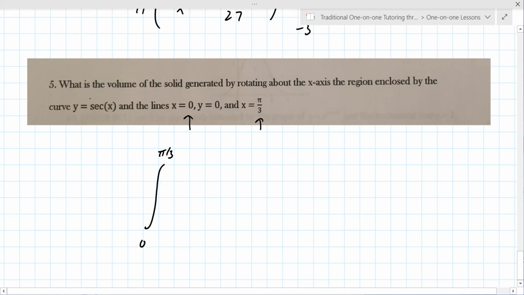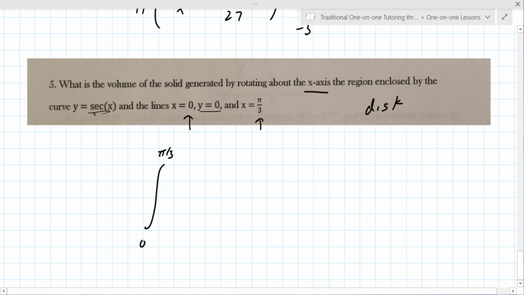So secant of x, because there's no gap. I don't know how to tell you how you would know that there is no gap between secant and the x-axis, other than to say when there's only one function, there is no gap. So if you only get a secant and y equals 0, or just a function, it's always a disk problem.